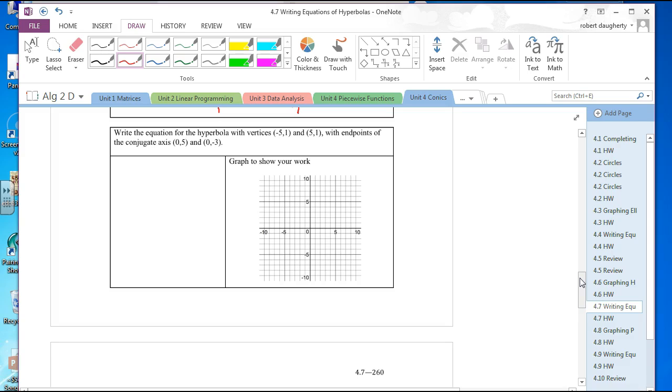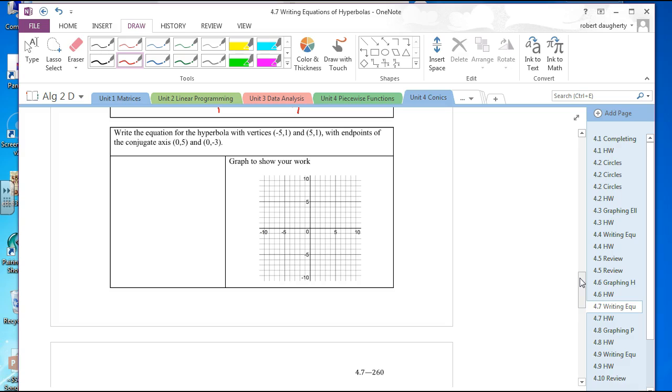Write the equation for the hyperbola with vertices negative 5, 1, 5, 1, and with endpoints of the conjugate axis 0, 5, and 0, negative 3. What does that mean, conjugate axis? There's a transverse axis and a conjugate axis. What do they mean? Well, it could be horizontal or vertical, depending on which way the hyperbola is.